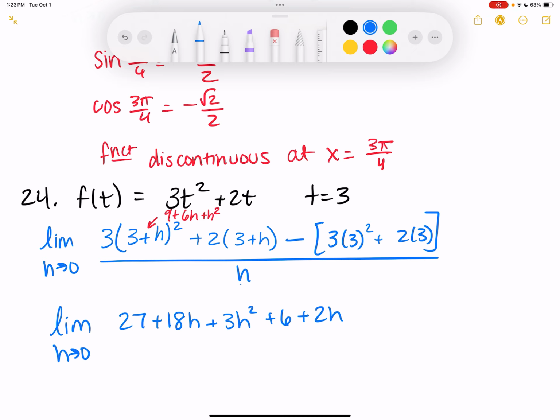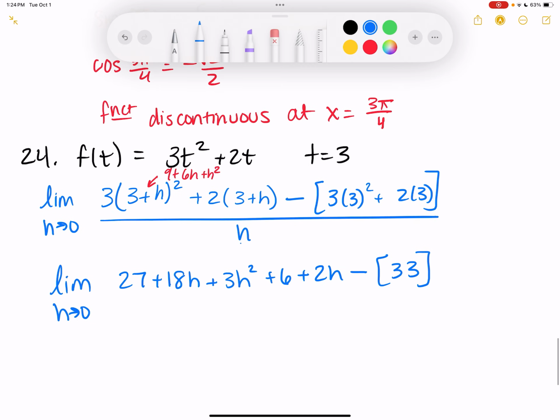Minus, over here, what do I have? 27 plus 6, 33. And don't forget the all over h part. Sometimes I just drop the over h part till the end and then put it back. So as far as stuff canceling, 27 plus 6 is 33, so minus 33, that's gone. Then I can factor out an h. I'm going to have 20h, but I'm going to factor out an h.